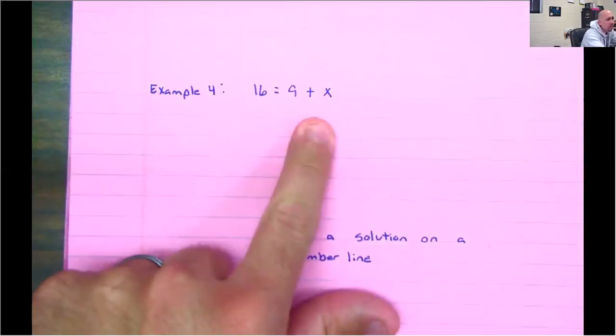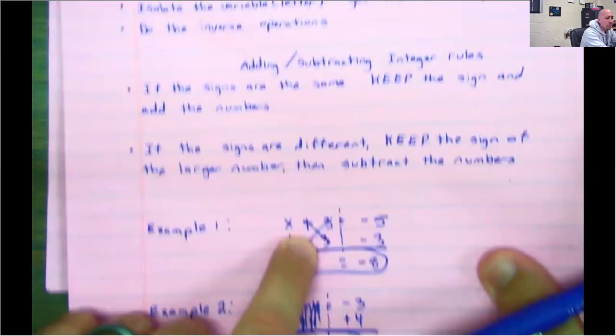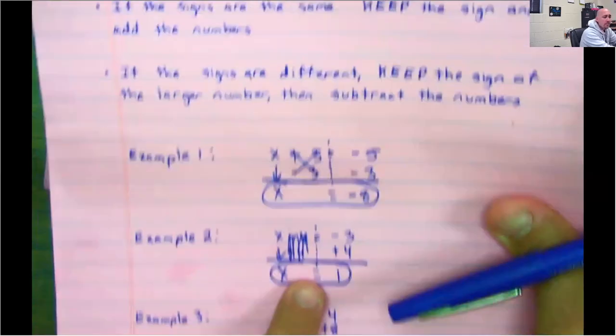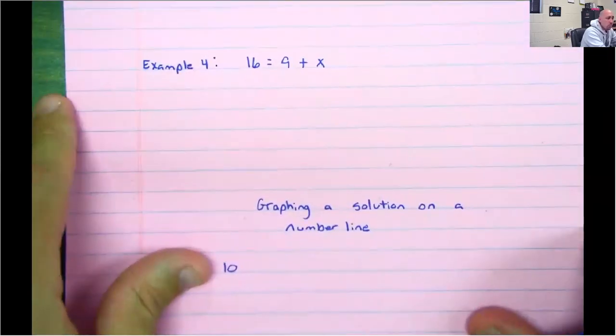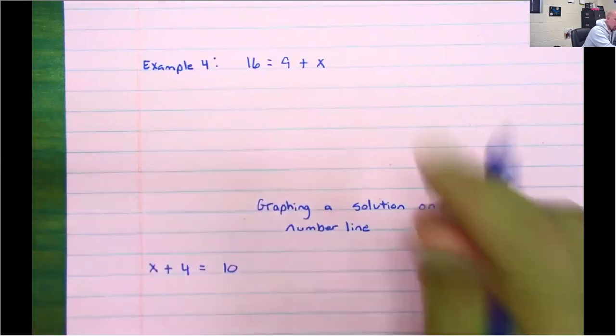All right, I lied. Here's the challenge. Oh, look at this. We got a variable on the right side. If you look at all the other examples, the variable is on the left side. That's because we're used to having the variable on the left side. So you know what we're going to do here? We're going to rewrite the equation so the variable's on the left side.